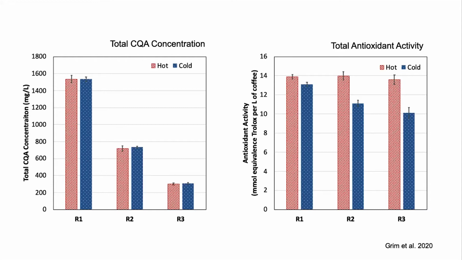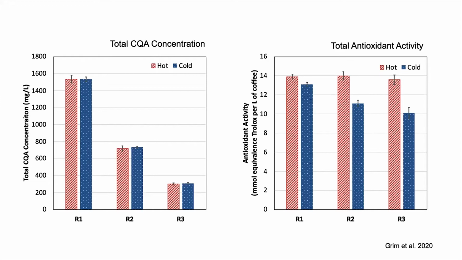But total antioxidant changed. The hot brew coffee has about the same total antioxidant regardless of the roast. Whereas for the cold brew coffee, the antioxidant level, number one, is always lower than hot brew. Number two, it drops as you increase the roast. When we dug into the literature, some previous studies have reported that while you degrade some compounds, you generate others.